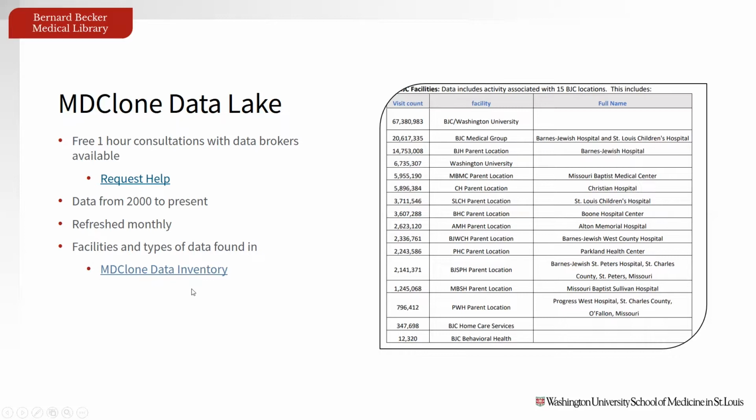And I will send this PowerPoint out to everybody who registered afterwards. Anything that's in this blue font that's underlined has hyperlinks. So up here you have a direct hyperlink to the request help form that you can use to request a consultation with the data brokers.